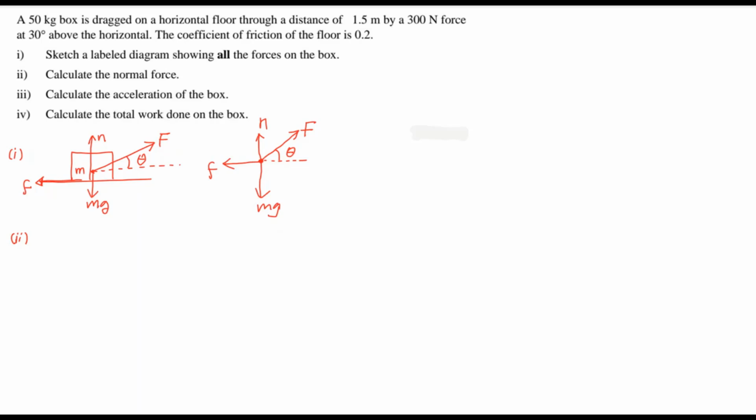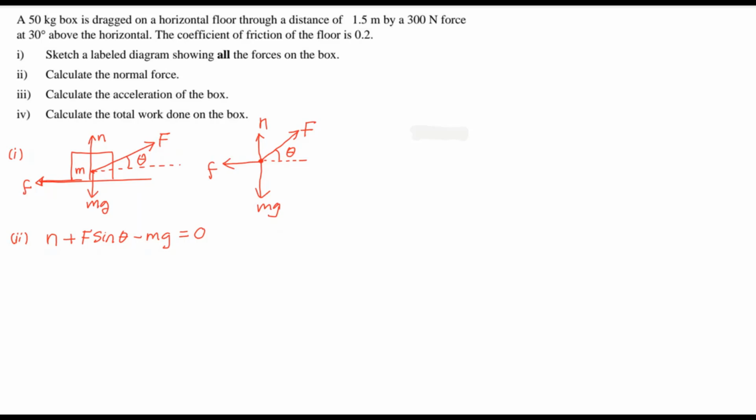So the force equation along the y-axis becomes: normal is upward, plus force F in the y direction, which is F sine theta, and of course we have mg, which is downward, minus mg, equal to 0 because there is no motion along the vertical direction.